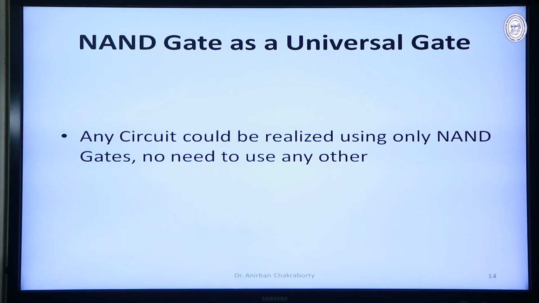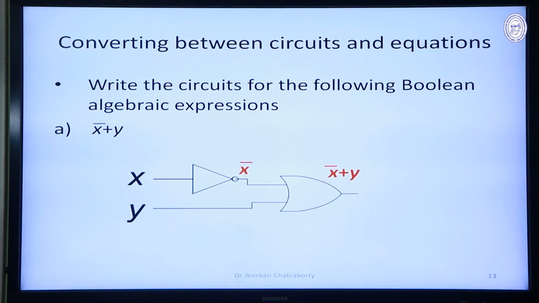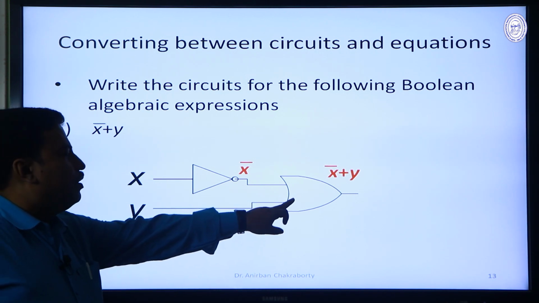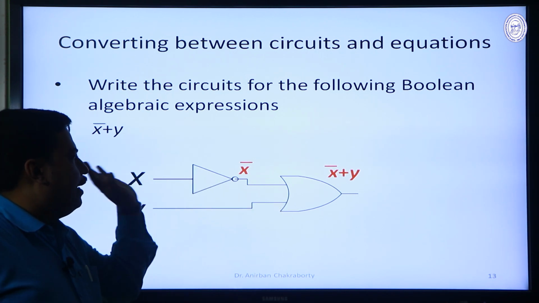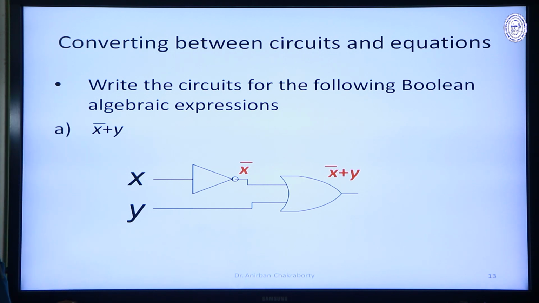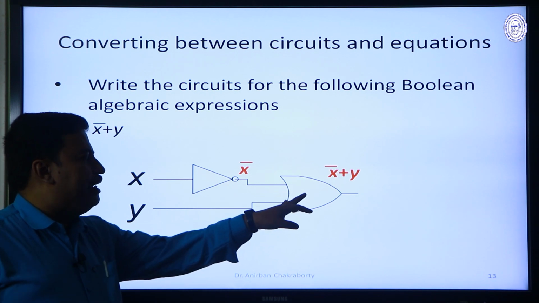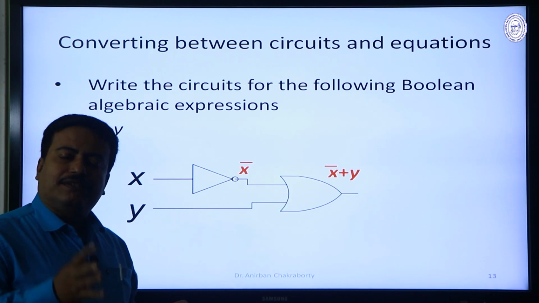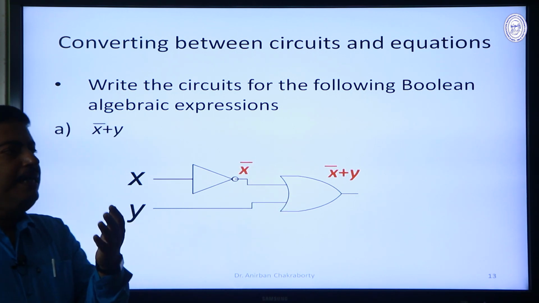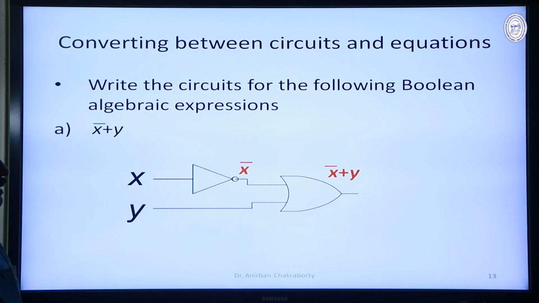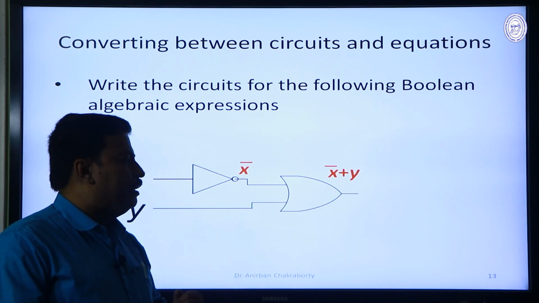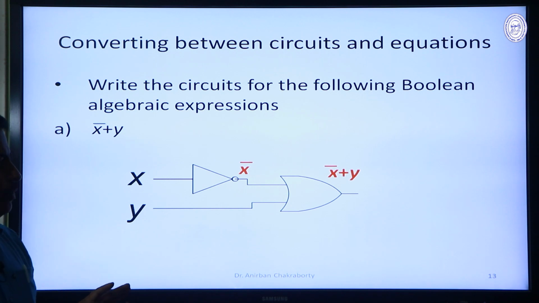If I consider a circuit just like this one, I have used only one OR gate and only one NOT gate. I have purchased the IC of the OR gate, meaning I have purchased 4 OR gates, because in one IC there are 4 OR gates. Among these 4 I have used only one, so the rest 3 got wasted.